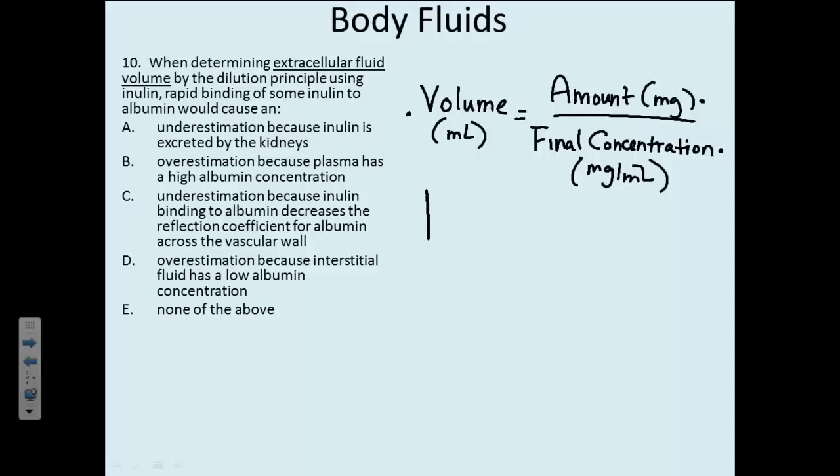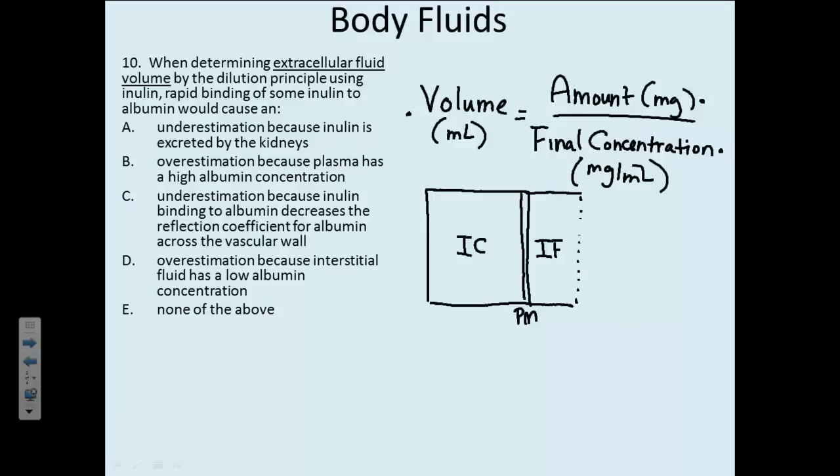So if we think about our major body fluid compartments, we would have the intracellular body fluid compartment, and that would be surrounded by the plasma membrane. Then we're going to have the interstitial fluid compartment, the fluid that's bathing all the cells of our body. And then last but not least, we'll also have our plasma.